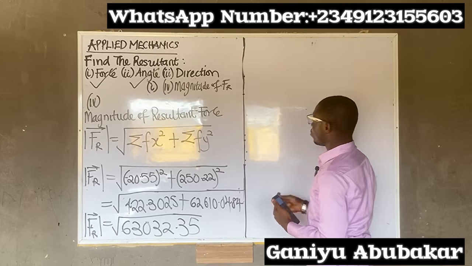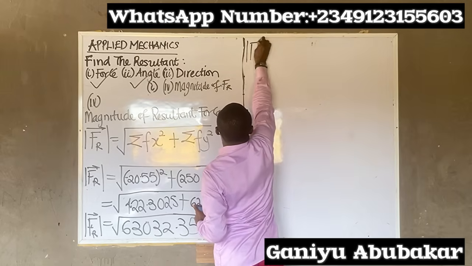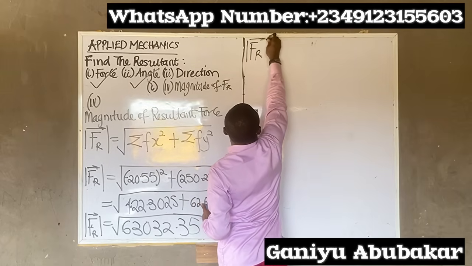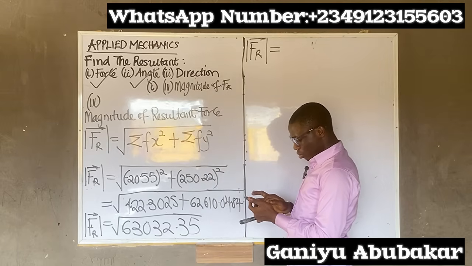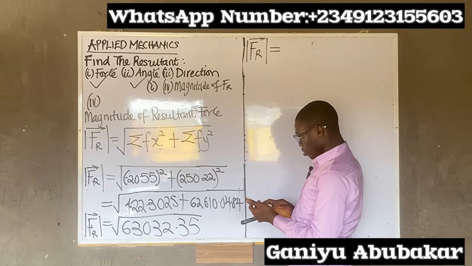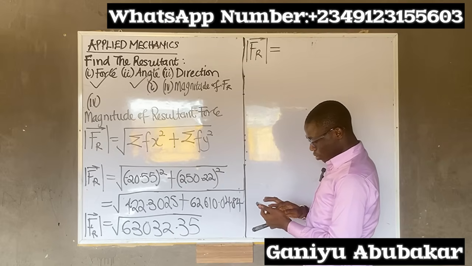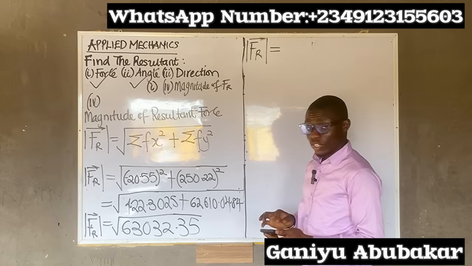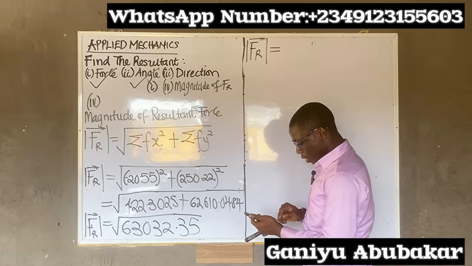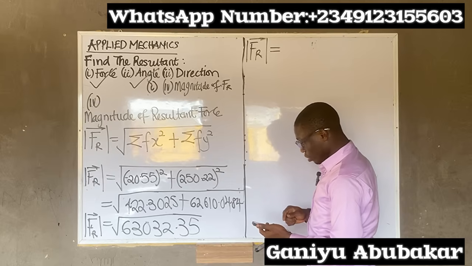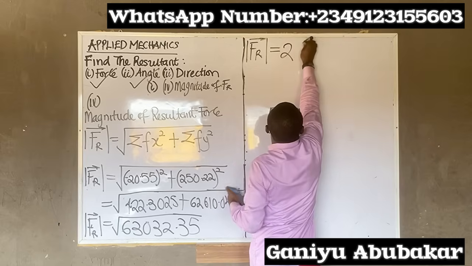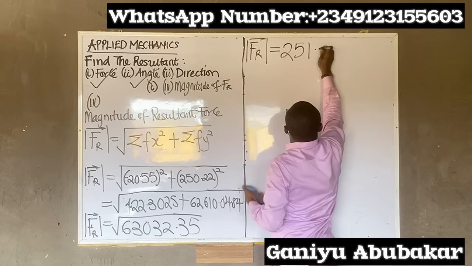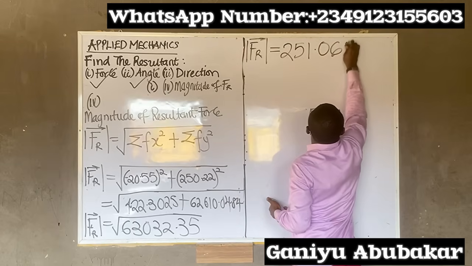All right, from here, this gives you the magnitude of the resultant force. It will be equal to the square root of that value, the square root of 63, which gives you about 251.06 Newton.